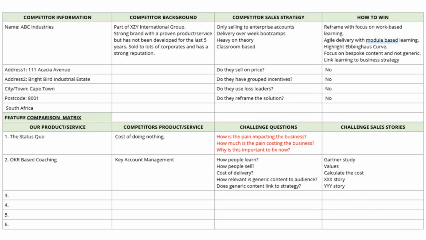Are experienced sales pros going to engage with generic sales content? No, I would venture. And does the generic content actually link to the business strategy? If it's not linked to the strategy, surely it's not a learning priority. You need to prioritize the learning needs in line with the business strategy.